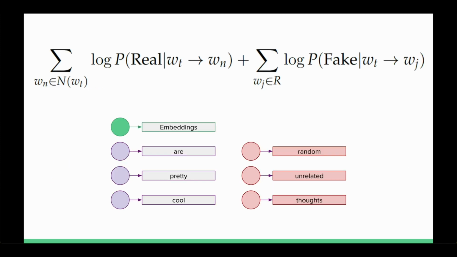Altogether, the objective of Word2Vec says, maximize the probability of correctly classifying real pairs as real, and maximize the probability of classifying fake pairs as fake. For each word T, we'll sum across its neighbors obtained from a sentence, and also across a set of randomly sampled words. A better model will be more likely to predict the right outcome for different word pairs.